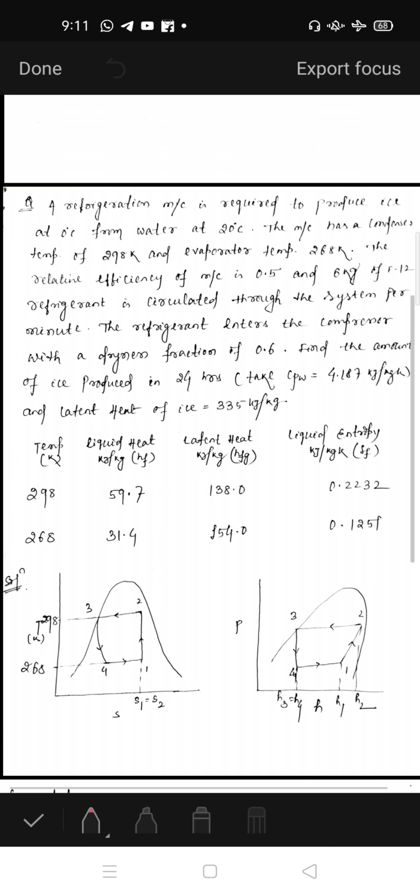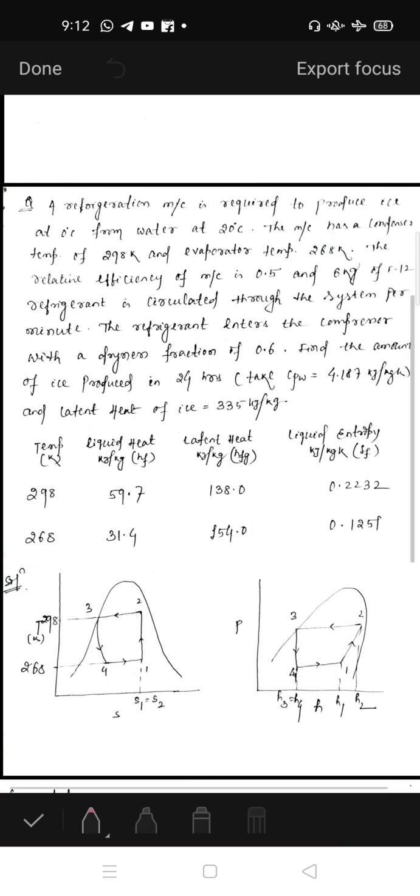You have to understand that when the dryness fraction is 0.6 at the entry of the compressor, at the end of the compression it is very difficult to be superheated or dry saturated. So obviously our question will come under case number 2, where the vapor or our refrigerant is wet at the end of compression. So this is the key point of the question.